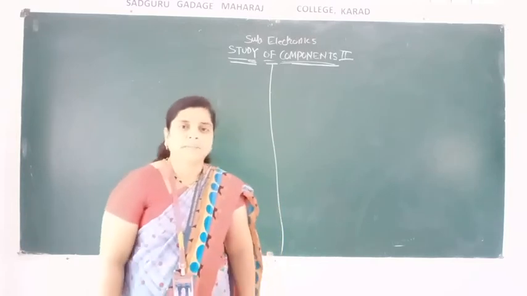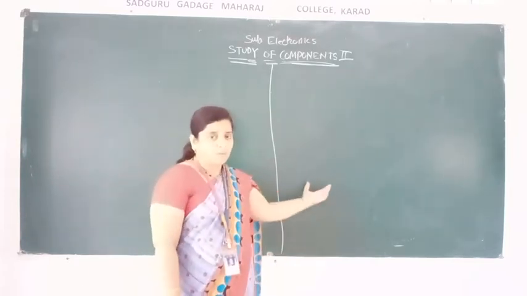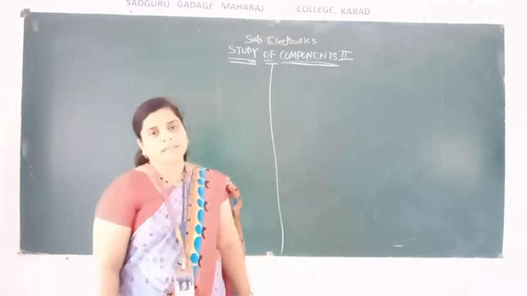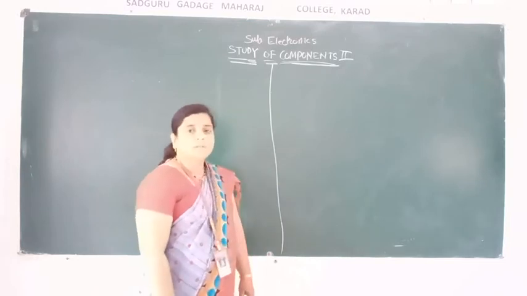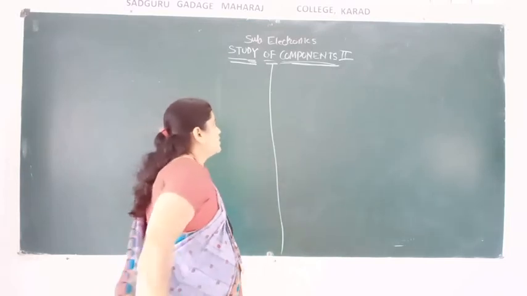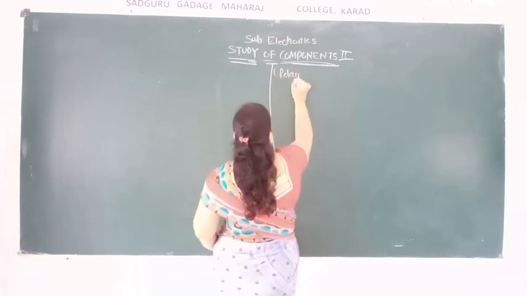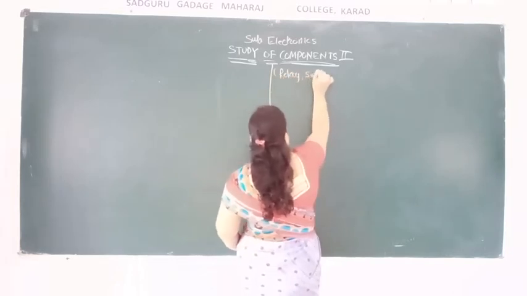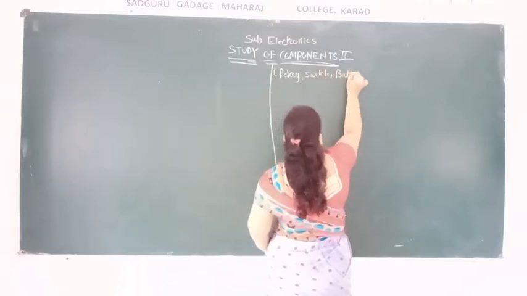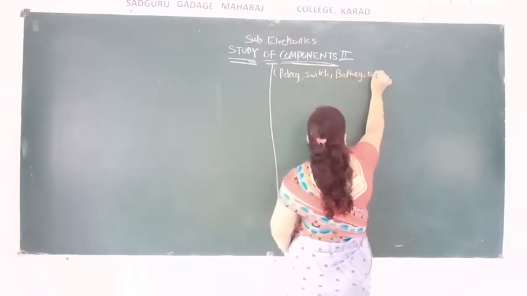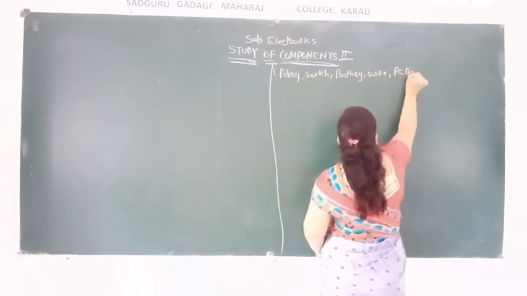We have started the chapter, Study of Components Part 2. Study of Components Part 1 is completed. What we are going to see is relay, switches, battery, wire and PCBs.